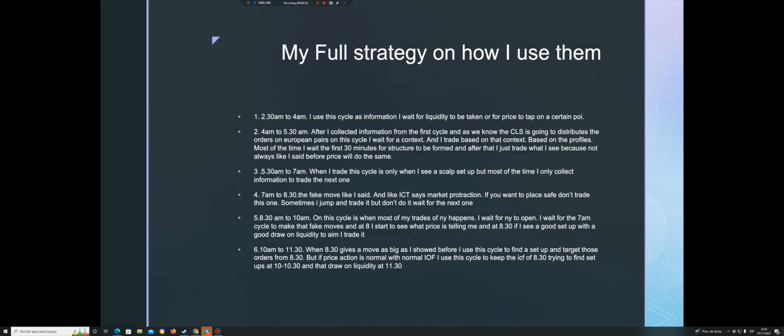At 10:30, and the draw on liquidity at 11:30, because as we know, price is always going to give us a setup every 90 minutes. So every 90 minutes you can have a setup, or wait for those 30 minutes to give you information, and you can place a buy or a sell at 10:30, and then you can target a high or a low based on that draw on liquidity at 11:30.